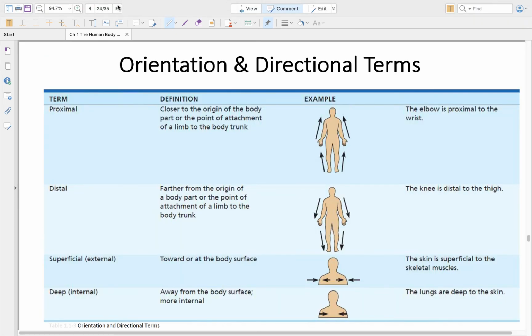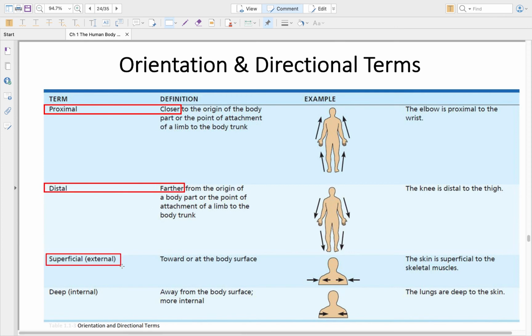Now proximal. This is pretty significant. You probably have seen this term before, but proximal means close, nearby, close to the origin. Distal, think distant. It means far, farther away from the point of origin.